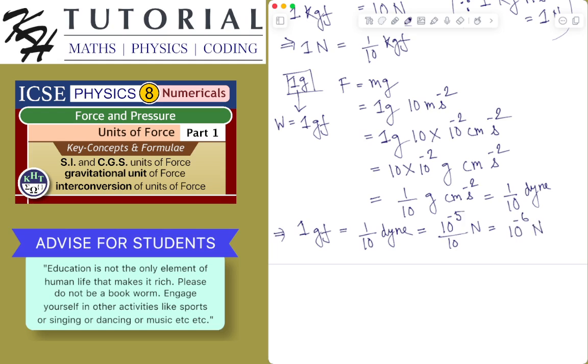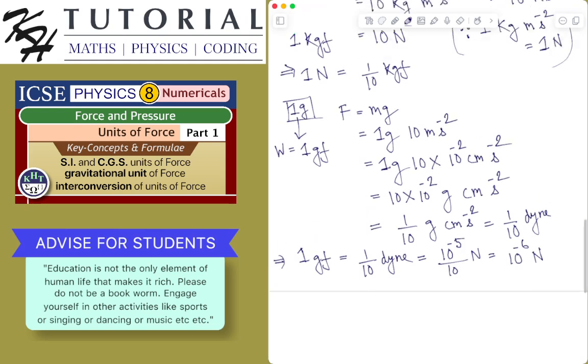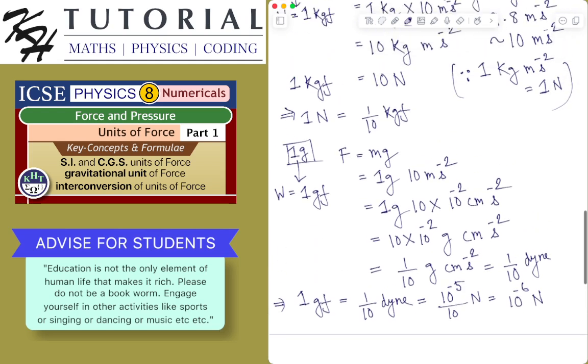So 1 gf is equal to 10 to the power minus 6 Newton, and 1 kgf was 10 Newton. I will quickly check whether I am doing it correctly or not. 1 kgf is 10 Newton, that is fine, and where is 1 gf? Okay, it is not there in the book.